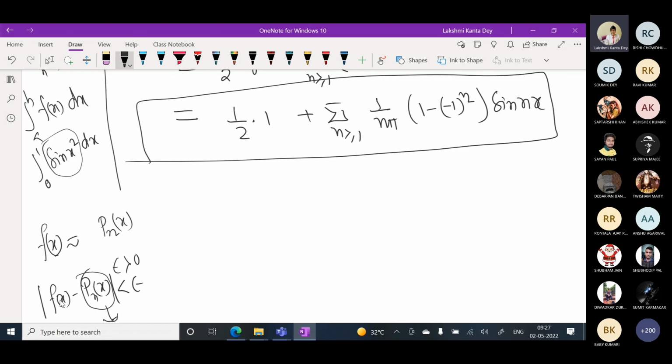Then the difference between the continuous function and the polynomial function is less than that small number. That means we can approximate the function in terms of the polynomial function. This is the Weierstrass approximation theorem. This is the base of numerical integration, so using numerical integration we can integrate and find the approximate value of this function. Okay, so this is one part.